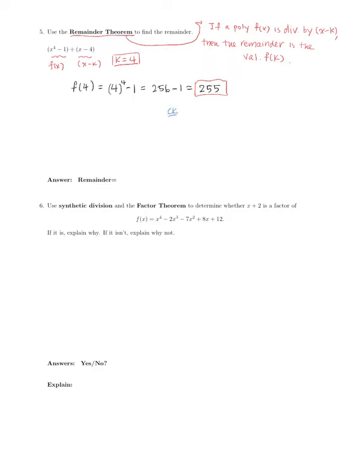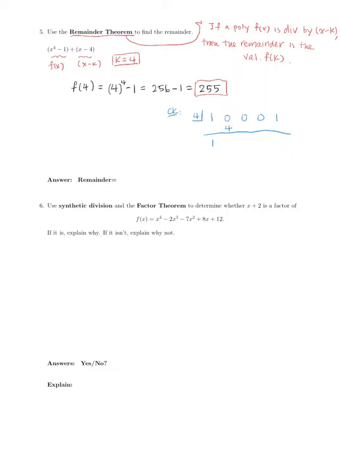So the synthetic division, let's see. You're going to have a 4 here, and then what? Coefficient on the x to the 4th is 1. Coefficient on x to the 3rd is 0. Coefficient on the x squared is 0. Coefficient on the x has to be 0, and the constant term is 1. All right? So first you drop down that 1, and then 1 times 4 is going to give us 4.